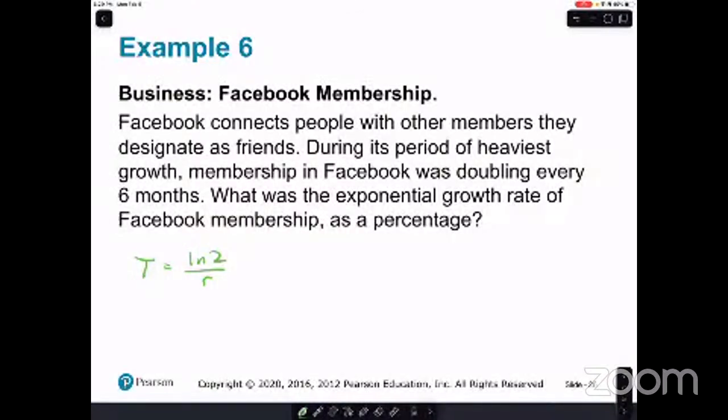I think usually doubling time is in years. So if it's 6 months, that's what, half a year? What was the growth rate as a percentage, right? So basically we need to solve for r. So we can cross multiply, or that's a half.